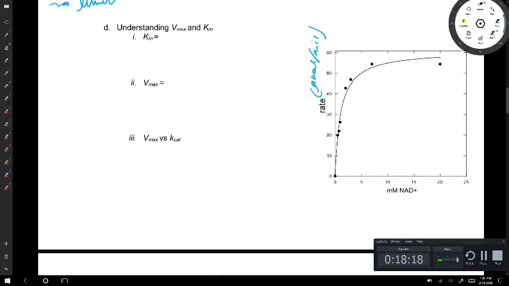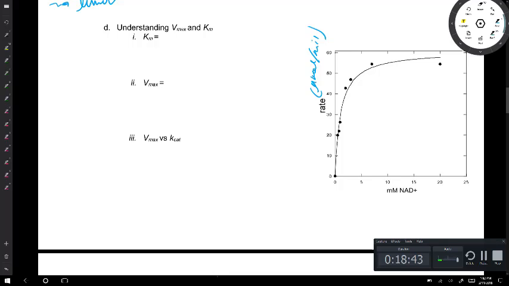And so what we can see here is that when we're at low concentrations of NAD plus, that curve is really steep, and that's because when we're below, say about 5 millimolar NAD plus, the reaction rate is going to be highly dependent on the substrate concentration.